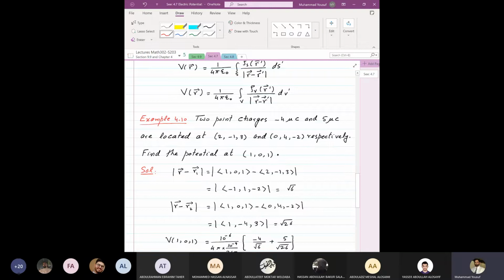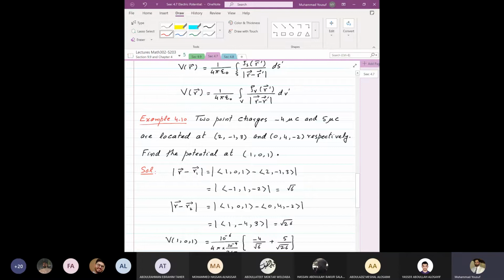So the distance between the point (1, 0, 1) and the first point is square root of 6. The distance between this point and the second point (0, 4, -2) is square root of 26. Then using that formula, we have the potential at (1, 0, 1). Microcoulomb means 10 power -6, so -4 microcoulomb means -4 times 10 power -6.